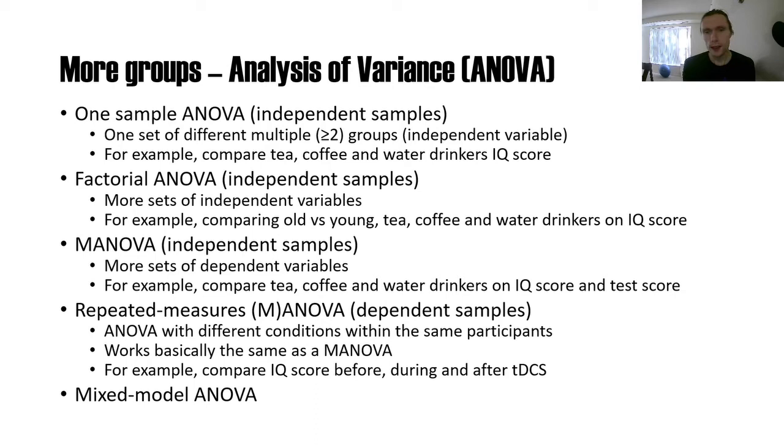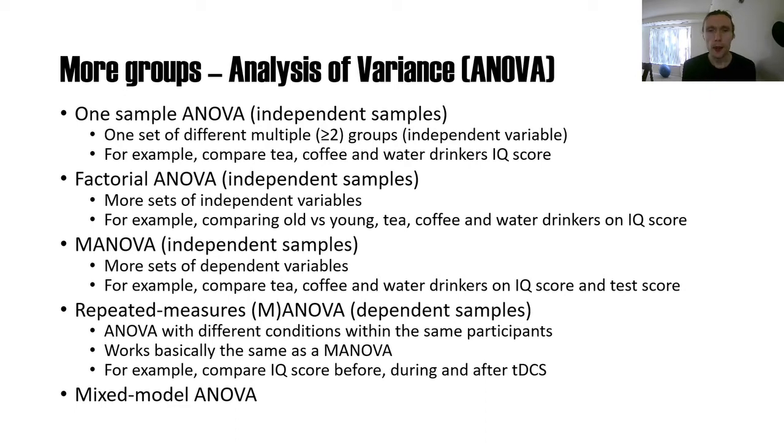Well, it's because in an ANOVA with repeated measures, each of those time points or each of those conditions is treated as a different dependent variable. And that is why it's sometimes referred to as a repeated measures MANOVA. Now, that is really not that important. So if that seems a little bit fake, just ignore that.